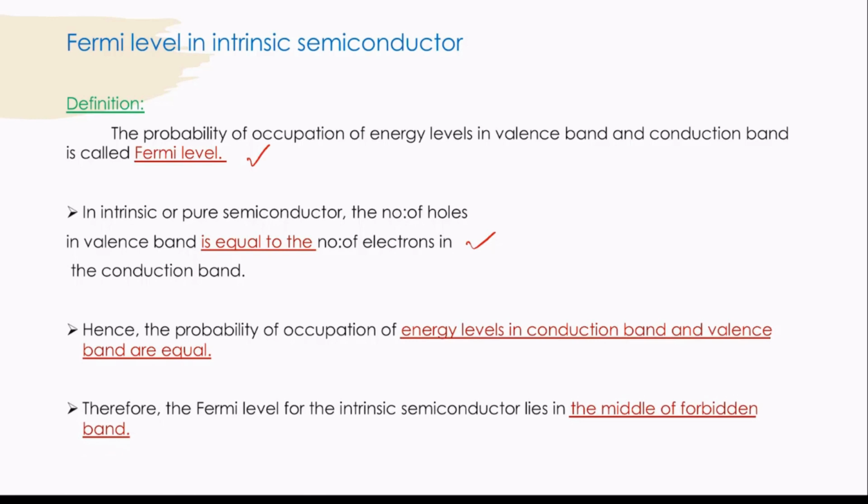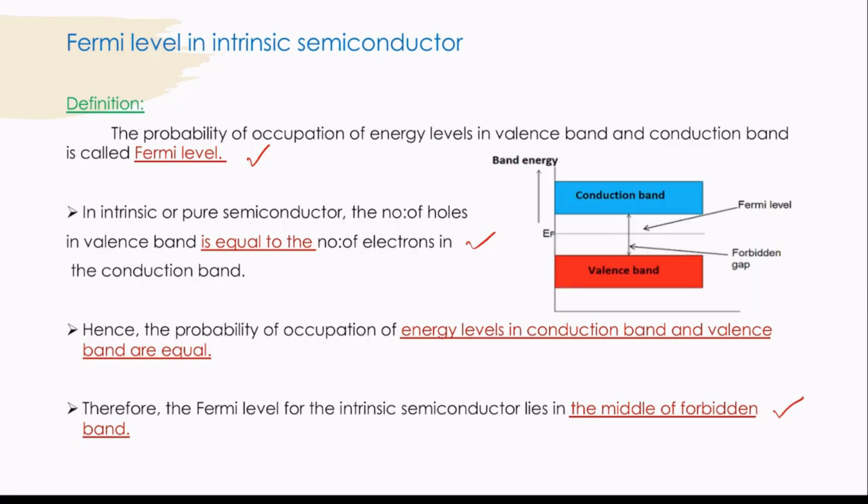Therefore, the Fermi level for the intrinsic semiconductor will be in between the forbidden band. Now, if you see in this figure, this is the energy band diagram for the representation of Fermi level in the intrinsic semiconductor. This is the valence band and this is the conduction band. And this is the Fermi level which is in between that of the conduction band and the valence band.